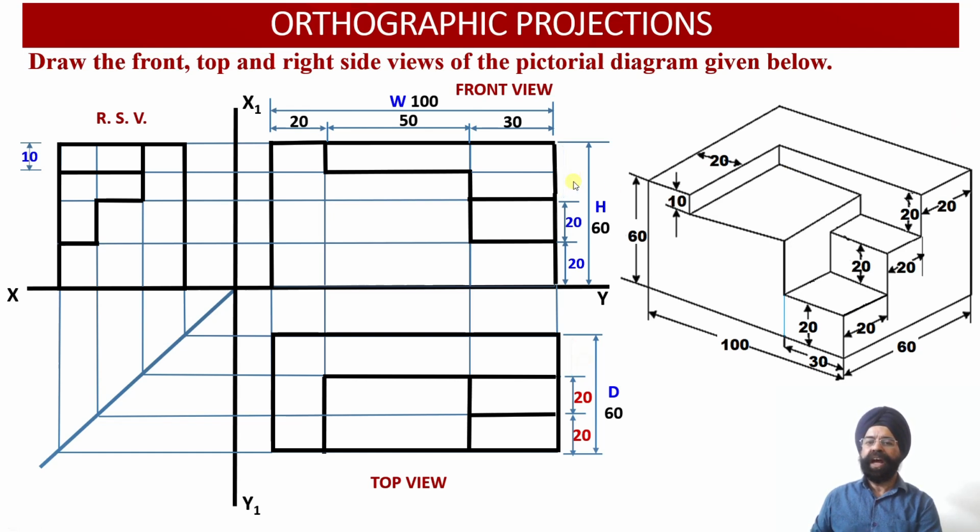Now this is the final construction of the orthographic projections obtained from the isometric view, which was showing us the front face, the top face and the side face of the solid in a single 3D view. So this was the procedure for obtaining the front view, top view and right hand side view from the isometric projection.